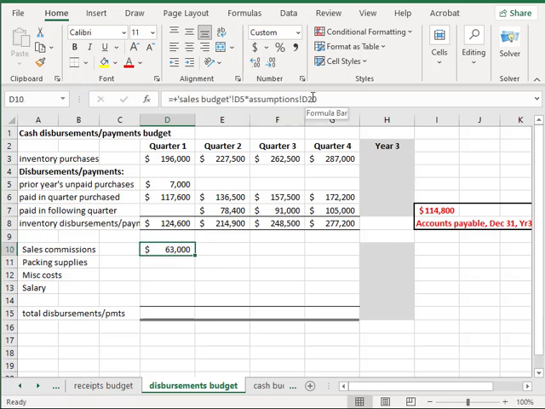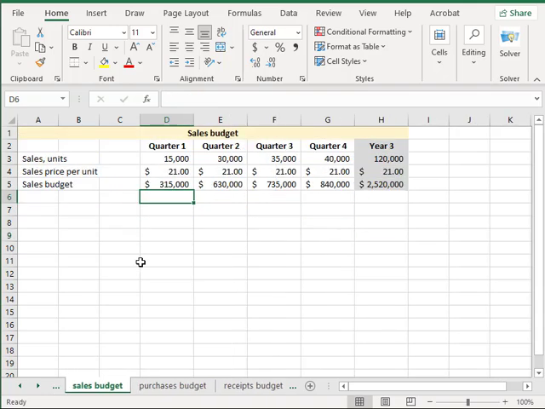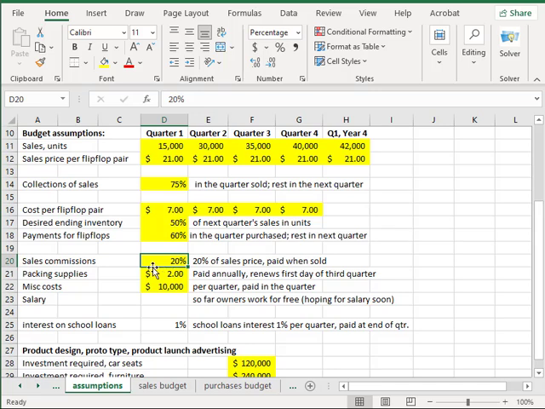And I can drag this across as long as I anchor, put the dollar signs in front of the D and in front of the 20. I can drag that over. And the reason I can drag that over is because the sales budget arrays all the way to the left, but this does not.